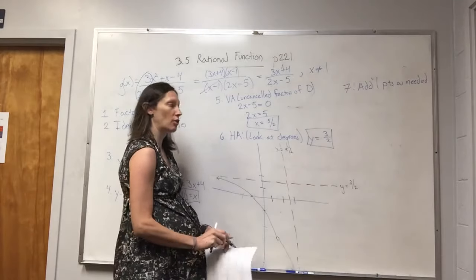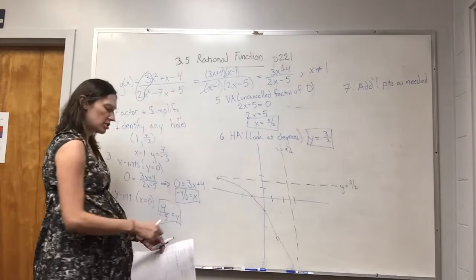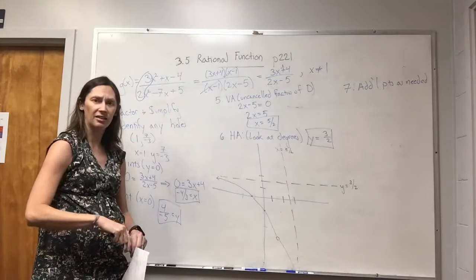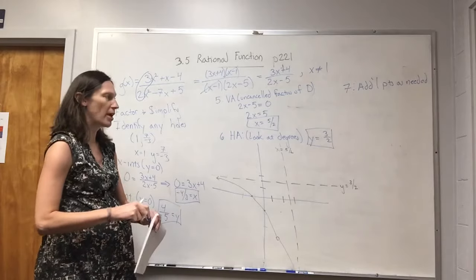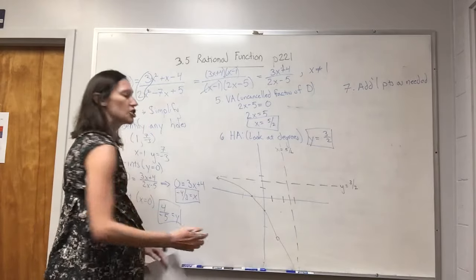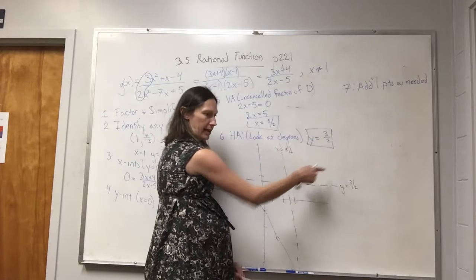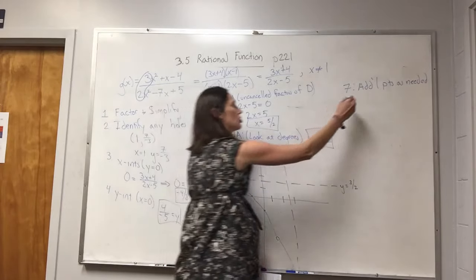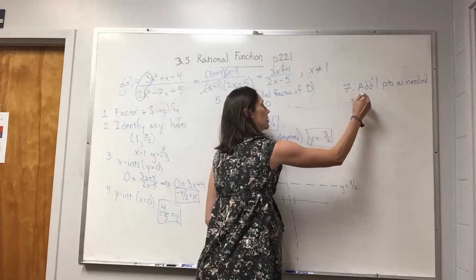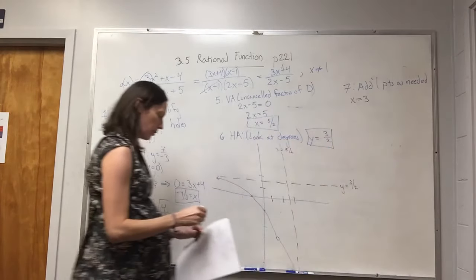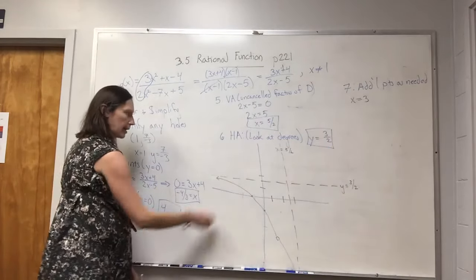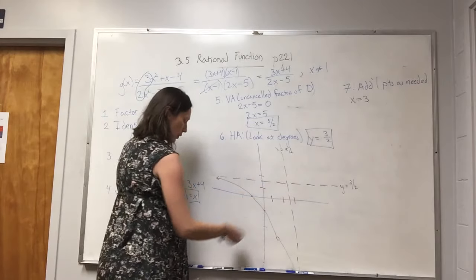The information provided just didn't give me anything, maybe a little unlucky, maybe just the way it panned out. So for an additional point, I had to choose something that lives to the right of this line. So let's choose 3. 3 lives to the right of that line. This is 2.5, so let's try 3.